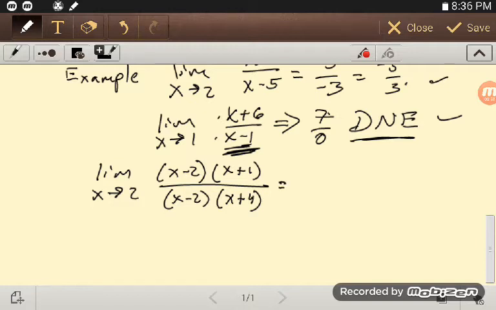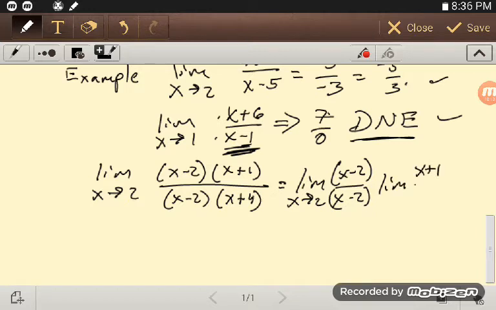Then I use my properties of limits: this is the limit as x goes to 2 of (x minus 2) over (x minus 2), times the limit as x goes to 2 of (x plus 1) over (x plus 4).